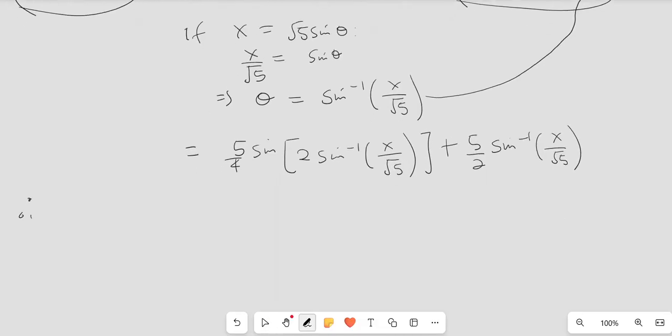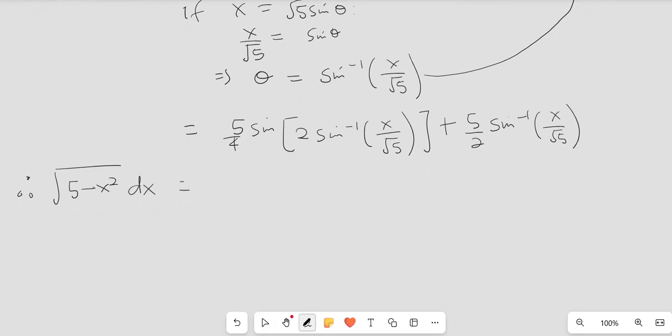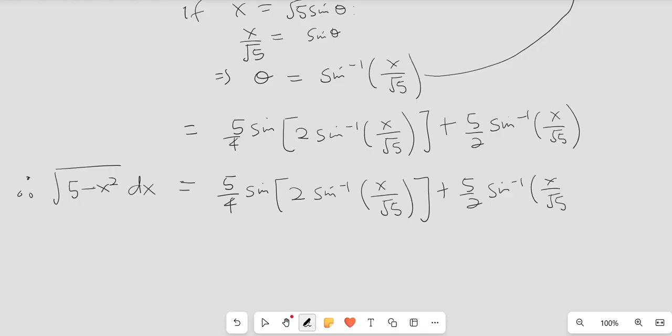Therefore, the integral which we are asked to evaluate is 5/4 sine of the angle 2 sine inverse of x over the square root of 5, plus 5/2 sine inverse of x over the square root of 5, plus the constant of integration.